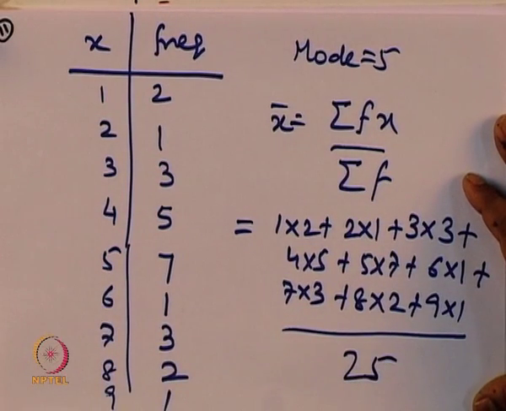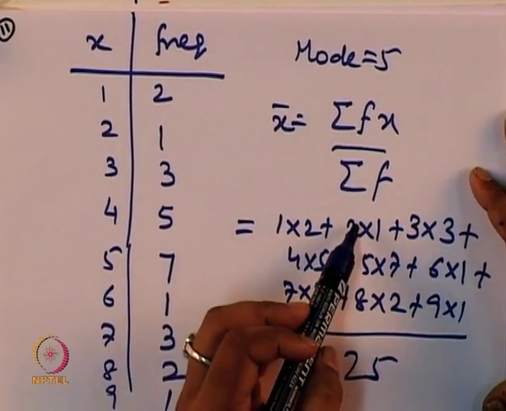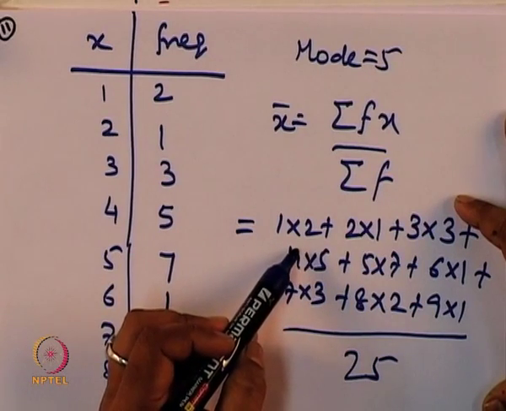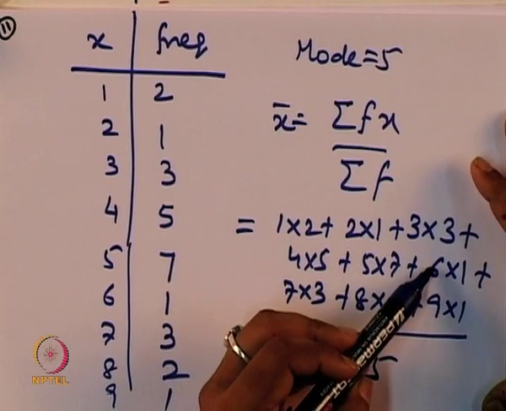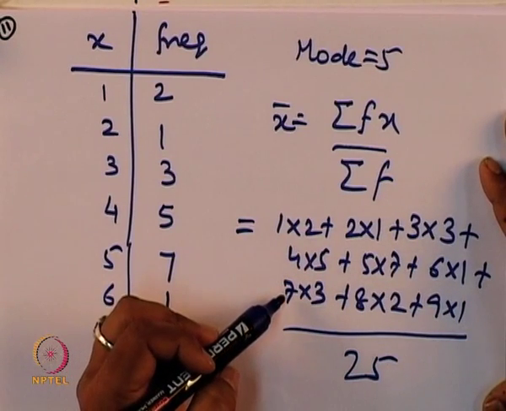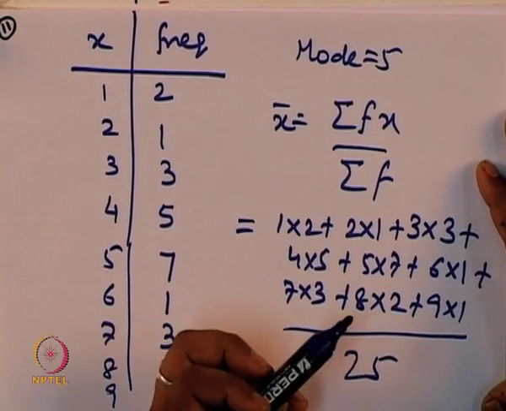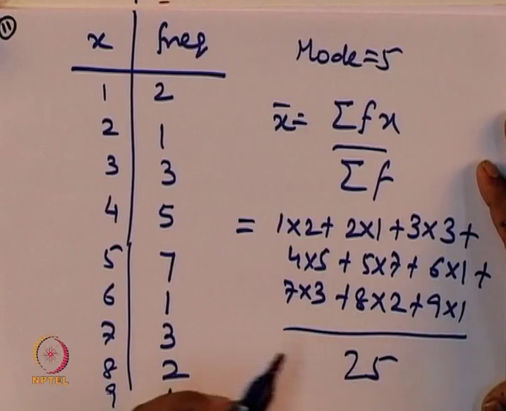So, let us calculate the sum here. 2 plus 2 is 4, 4 plus 9 is 13, 13 plus 20 is 33, 33 plus 35 is 68, 68 plus 6 is 74, 74 plus 21 is 95, 95 plus 16 is 101, 101 plus 9 is 110.